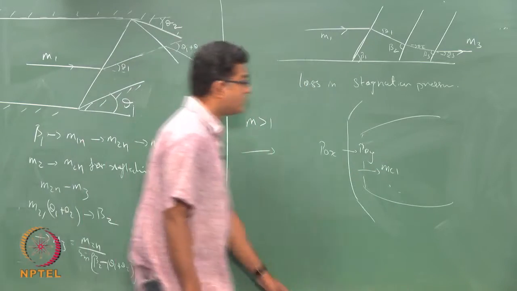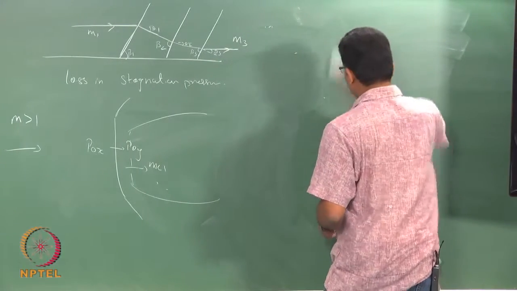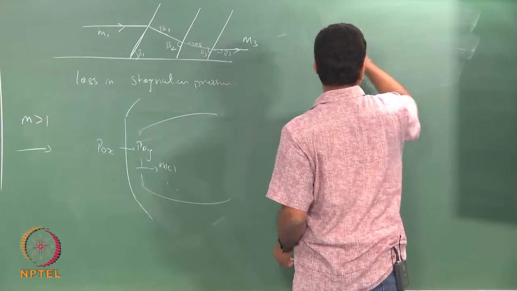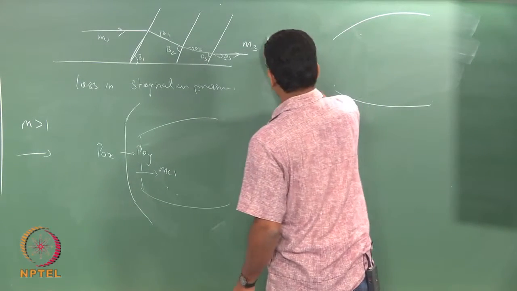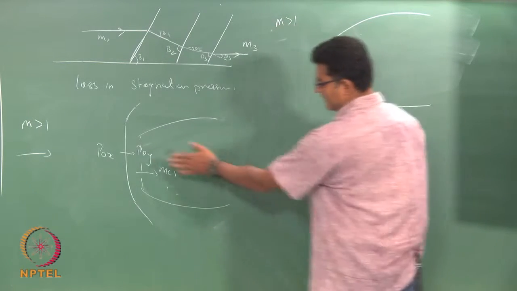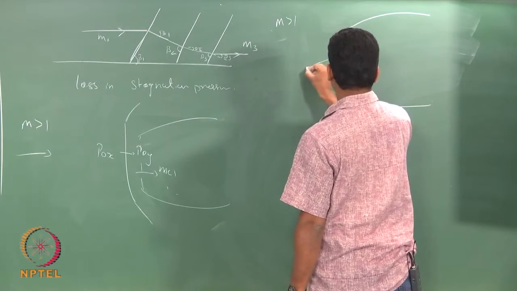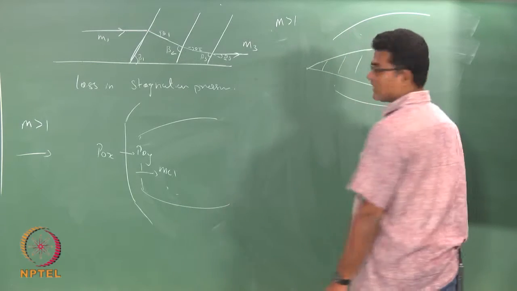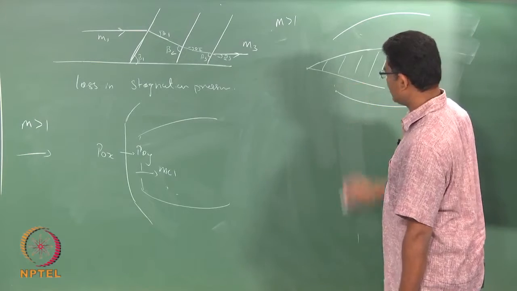Instead of this, the usual technique is, so if I have an engine here, a very high Mach number is coming. So instead of having a strong shock here, I would attach something like this in front of the diffuser inlet.